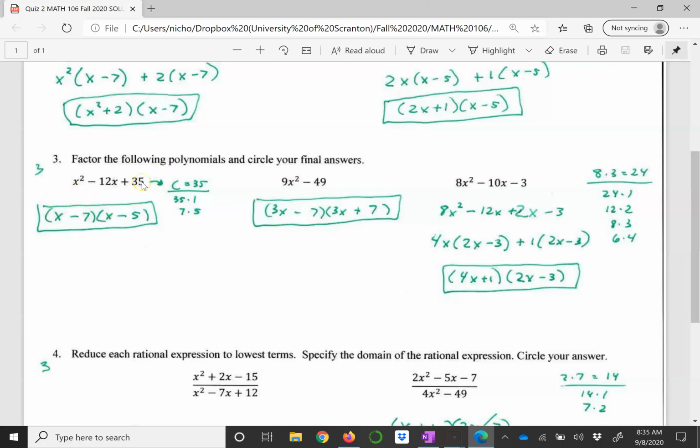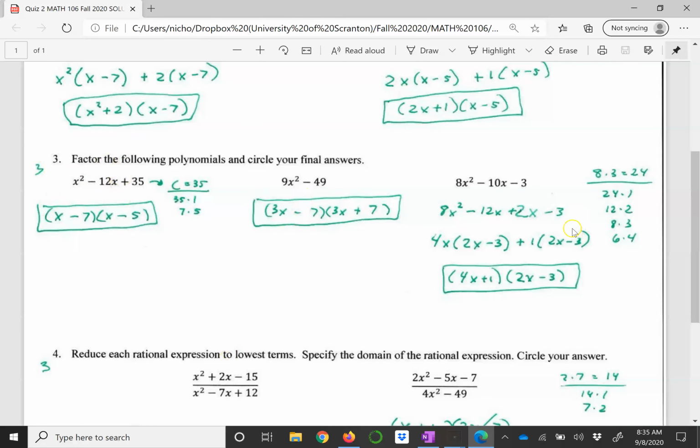And then you just look at the last value here, 35, and look at the different factors of that number, such that you can get a sum or a difference of those 2 factors to be this middle term. So in this case, for 12, the factors of 35, 7 and 5, get you to 12. Now, because it's negative 12, we're basically adding up a negative 7 and a negative 5. So that's why there are negative signs in front of the 7 and 5. And then when you multiply the 2 negatives, you get a positive 35.